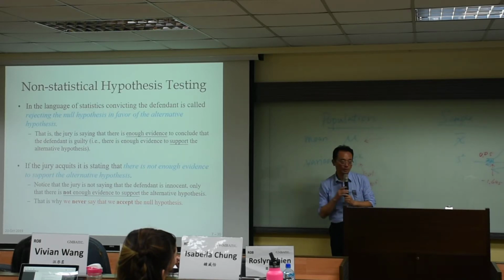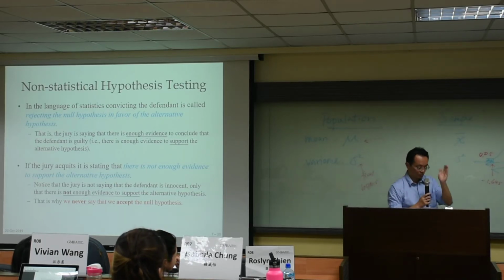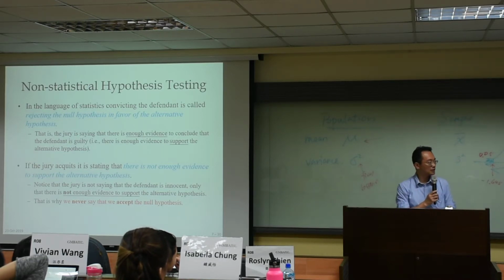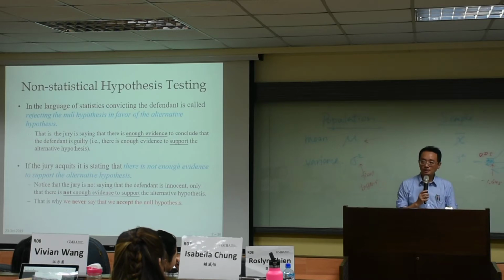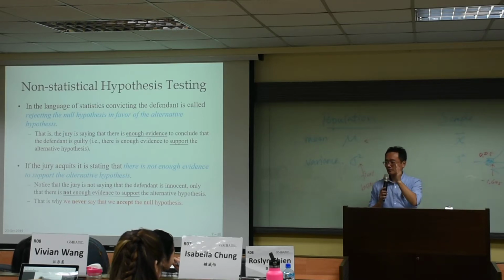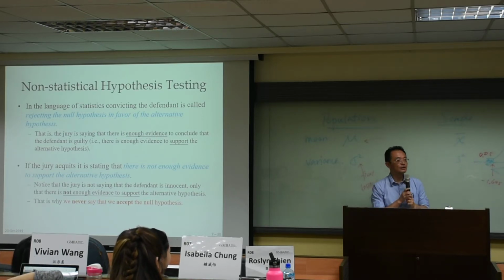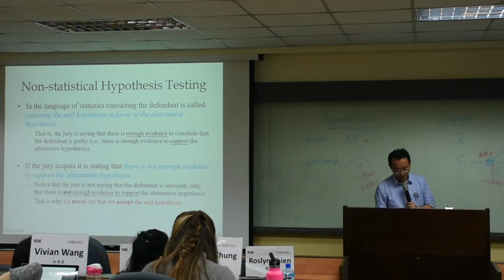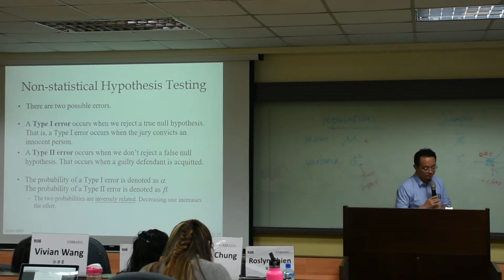We accept the null hypothesis? No, we will say we have no evidence to reject it, or to support the alternative hypothesis. Statisticians are usually very conservative. They say things based on evidence and also statistical reasoning.